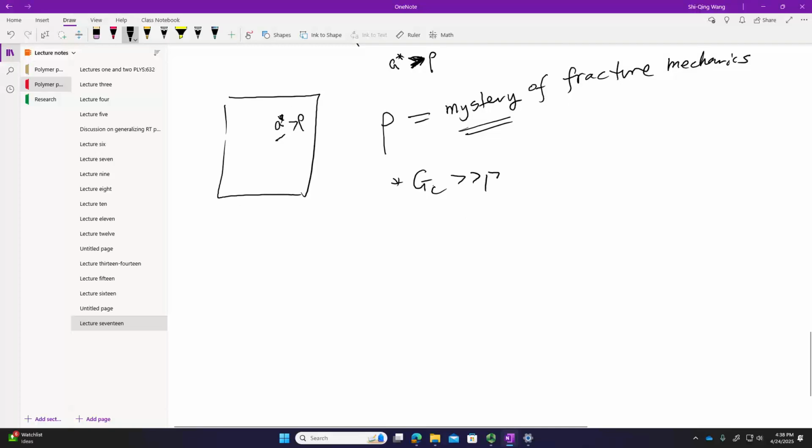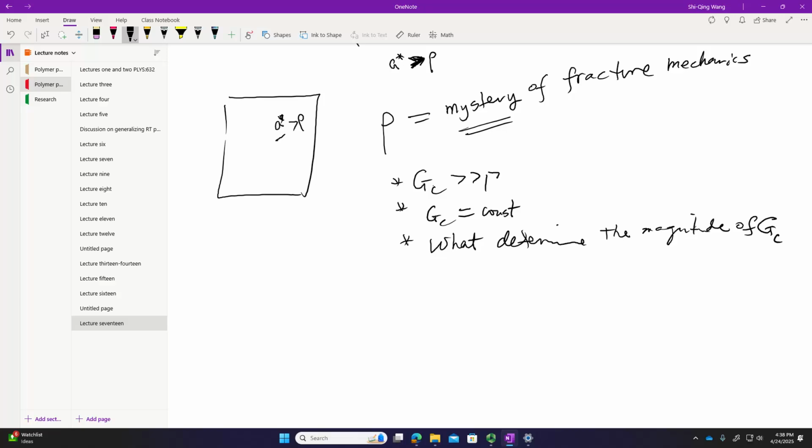Why this is true, and why this is a constant, and what determines the magnitude of GC. These are three questions that bothered me, right? I mentioned it, right? And that's not going to get you anywhere. You can worry forever about it.